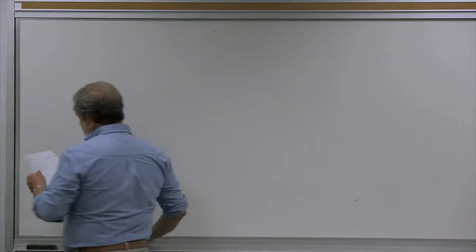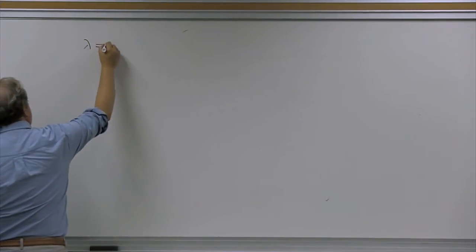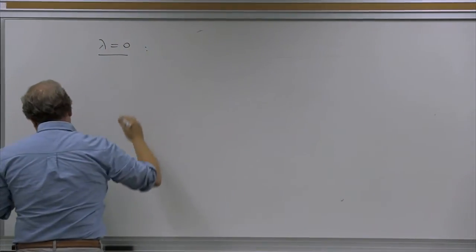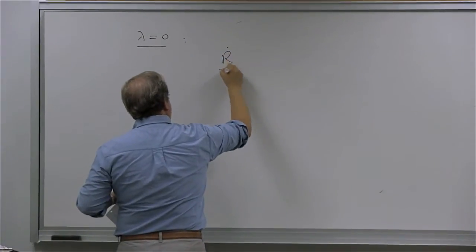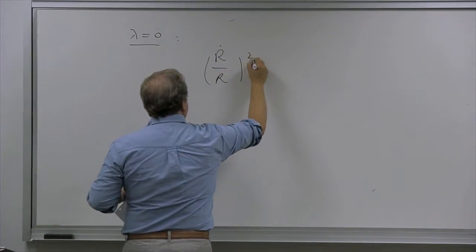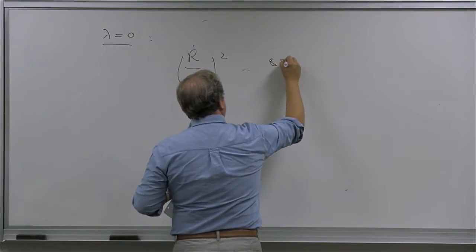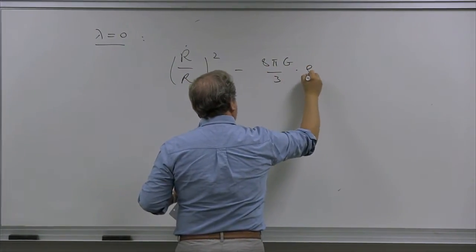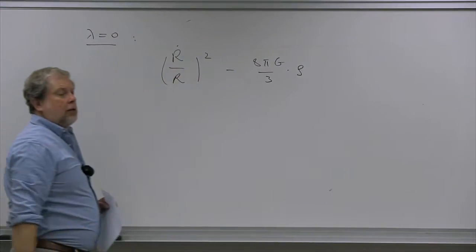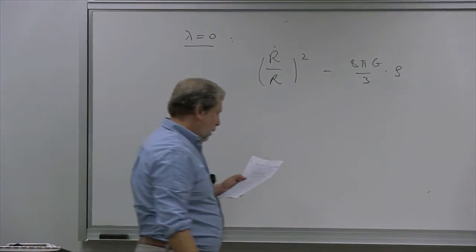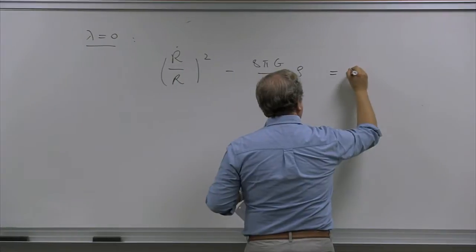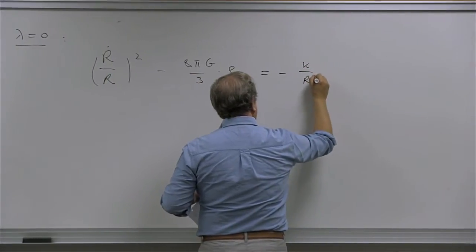So let me take lambda equal to 0. And so we write it as r dot over r squared, minus 8 pi G over 3 times rho. Of course, rho depends on r or on t. And so this is equal to minus k over r squared.